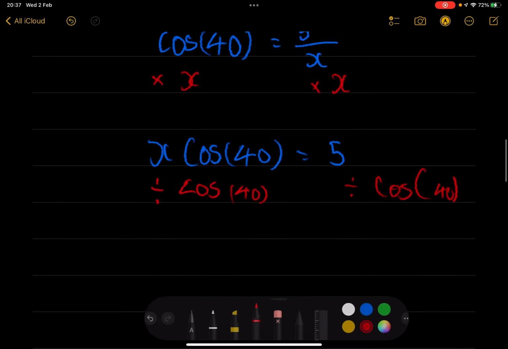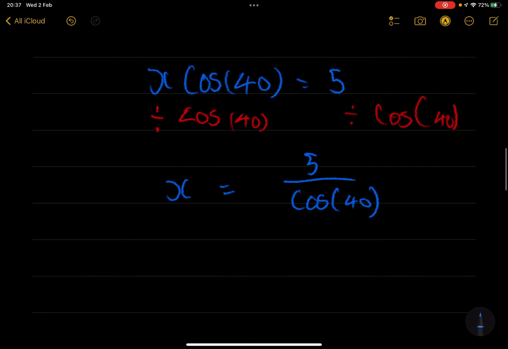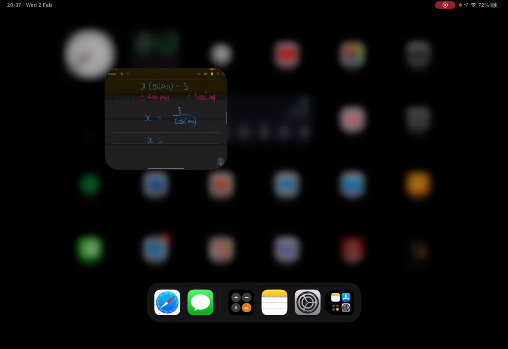When you divide by cos 40, it removes the cos 40 next to the x. So what you get is x equals 5 divided by cos 40. And we'll put it to 2 decimal places, shall we? So we say x equals, and then we've just got to put it into a calculator.